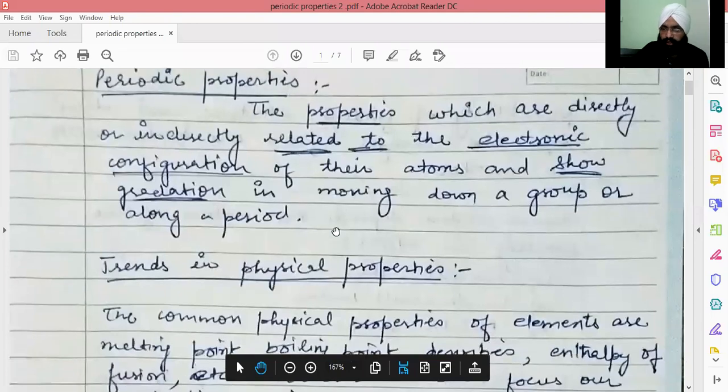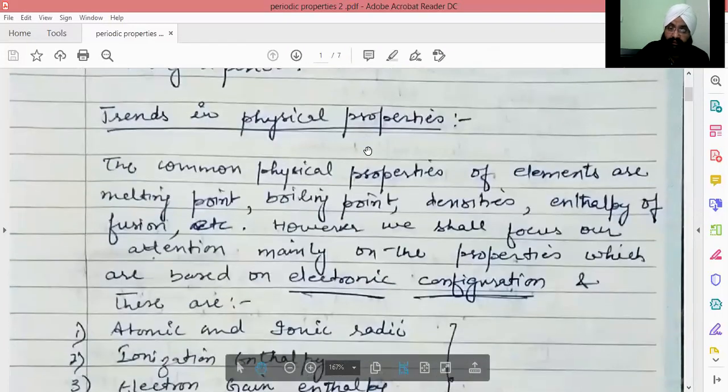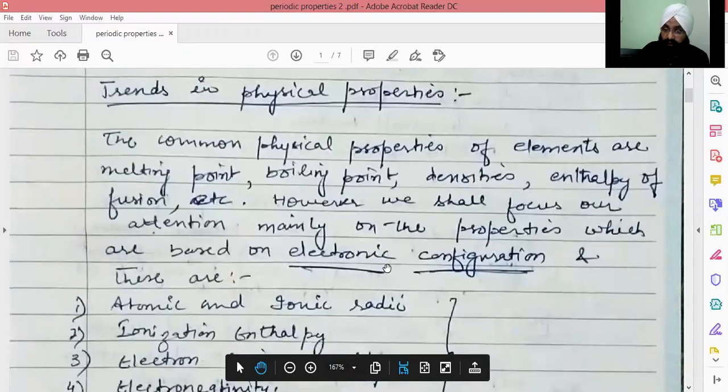So those properties which are directly linked to the electronic configuration and show gradation while moving down a group and along the period. Now, trends in the physical properties. Which physical properties? In general, the physical properties of the elements are boiling point, melting point, densities, enthalpy of fusion.